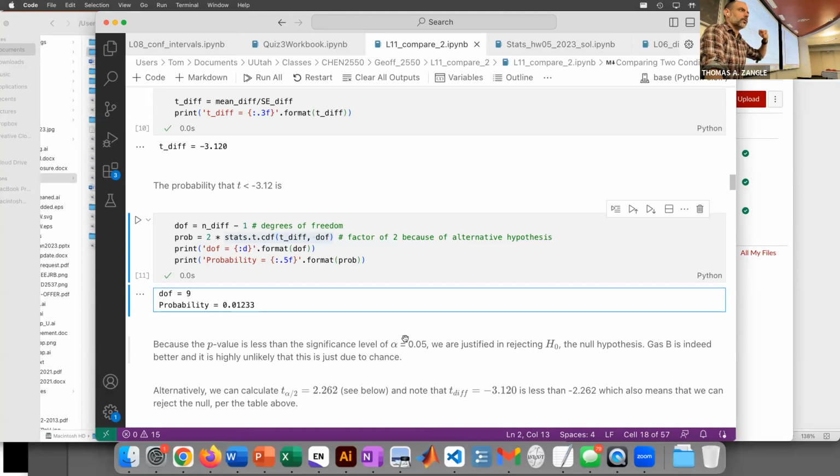So we see results that indicate an extreme enough difference between gas A and gas B that we reject the null hypothesis, and there is a difference, meaning that we saw a difference between gas A and B that is highly unlikely to be due to chance. Okay.